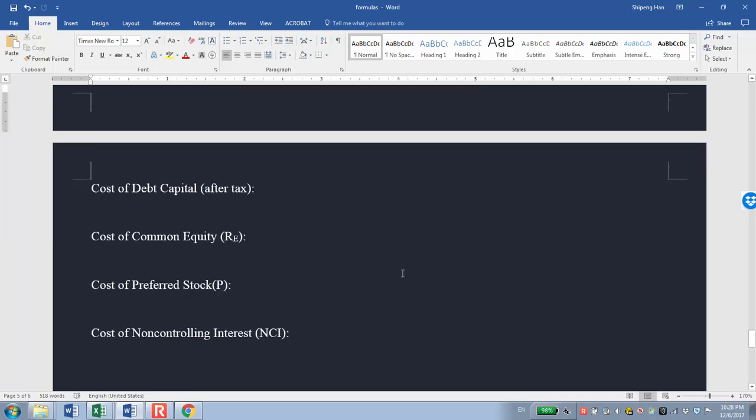Next we are going to calculate the weight and also the cost of each capital. The cost of debt capital: we use Apple as an example.